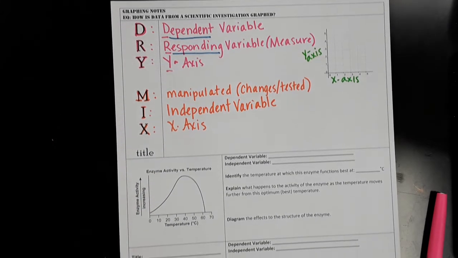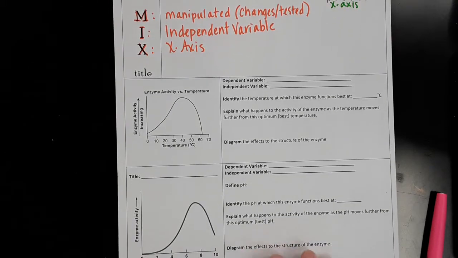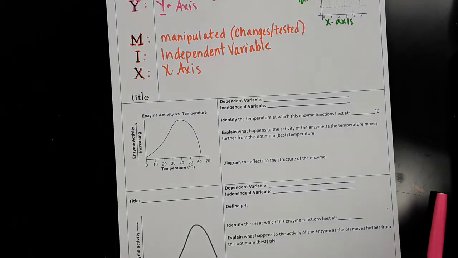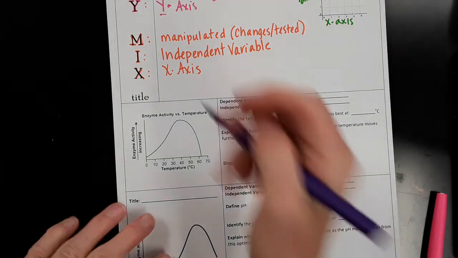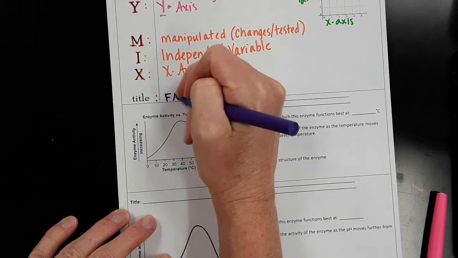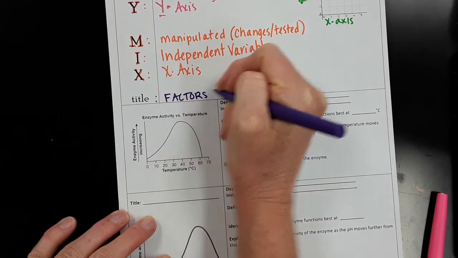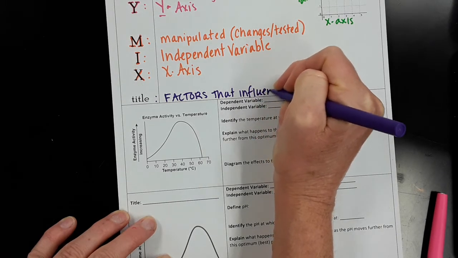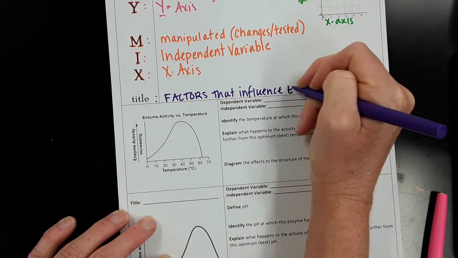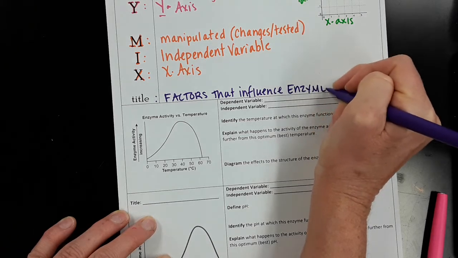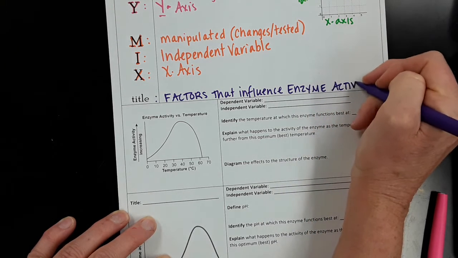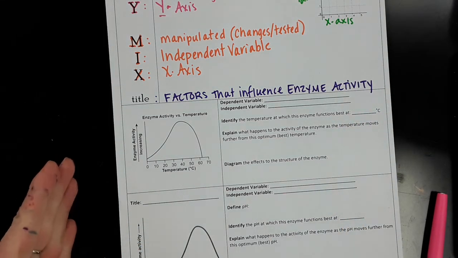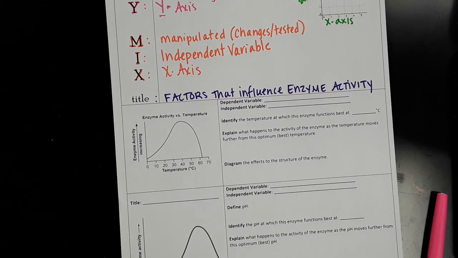We're going to look at two graphs about factors that influence enzyme activity, and understand them through graphs. When we're looking at our first graph over here, I want to first look at the labels.